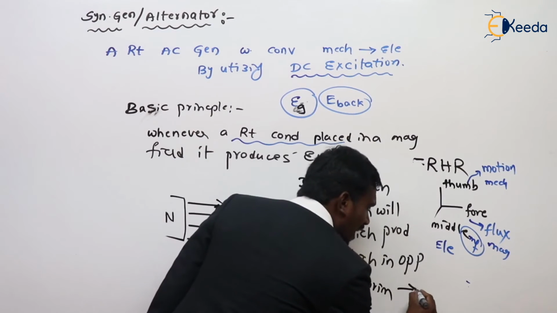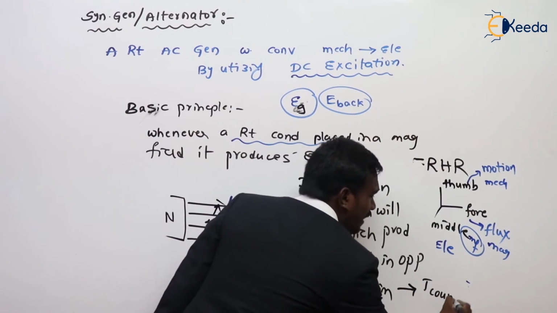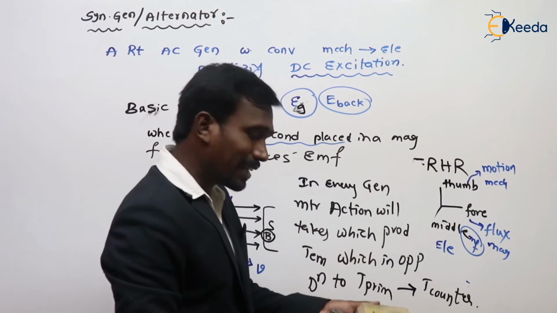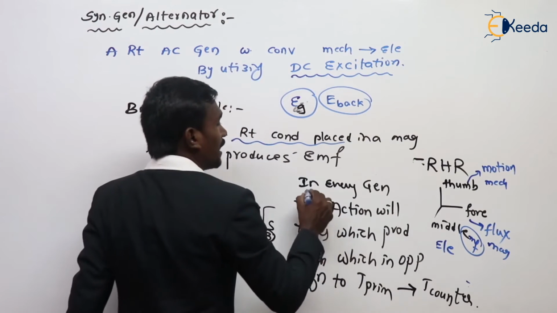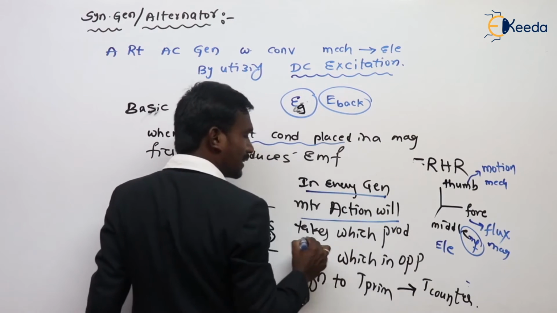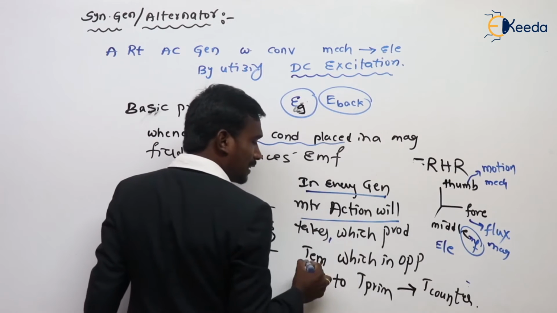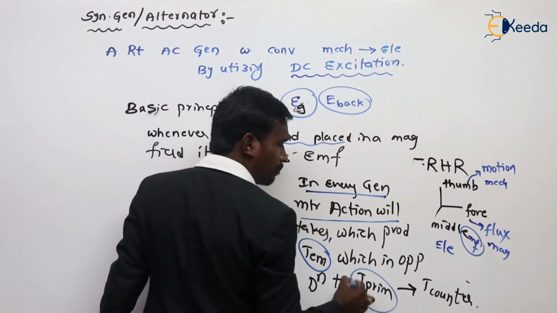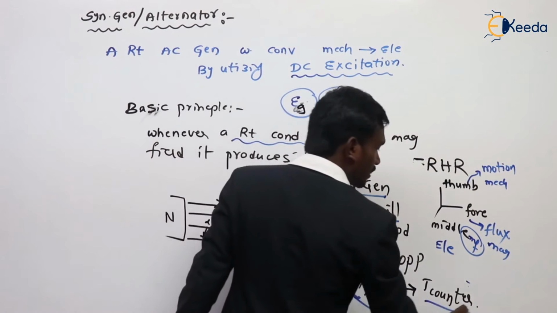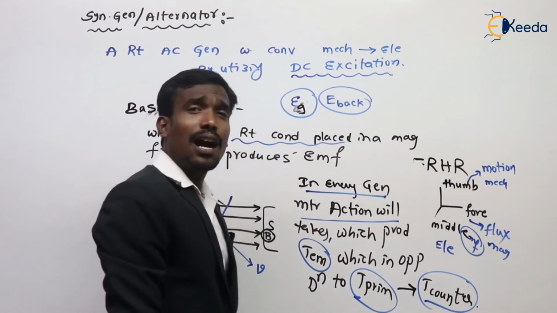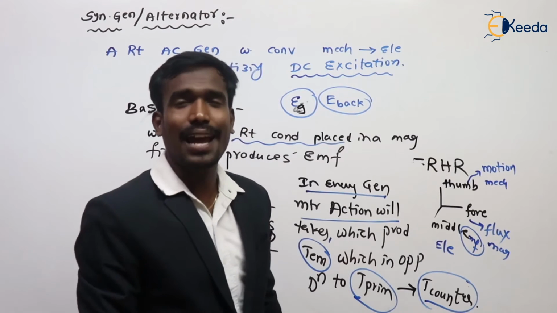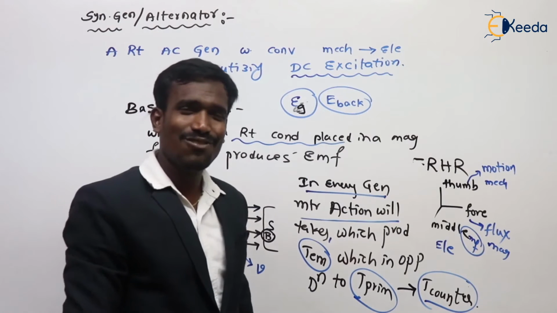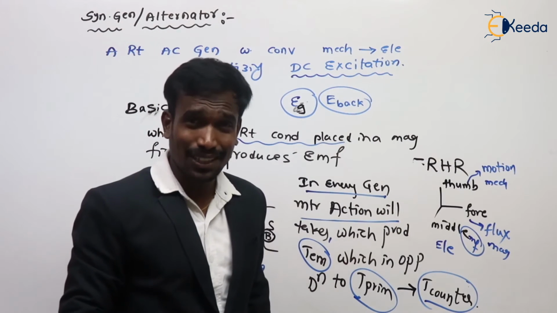Hence, this torque is called counter torque or magnetic drag. What is the statement? Read it carefully. In every generator, motor action will take place, which produces electromagnetic torque, which is in the opposite direction to the prime mover torque. Hence, this torque is called counter torque or magnetic drag. This is the concept of the alternator. Very easy. Yes or no?